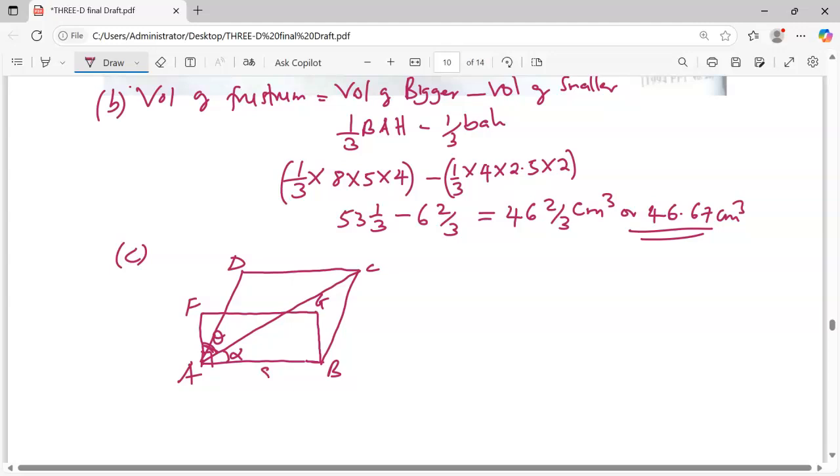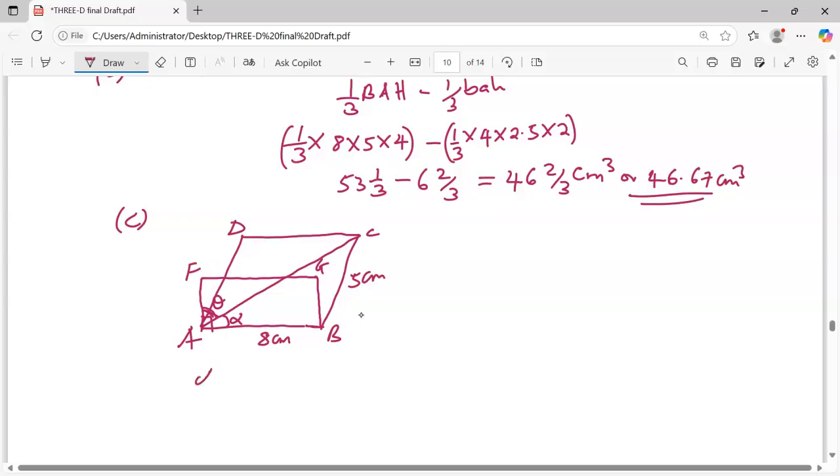Remember, we have AB as 8 centimeters and BC as 5 centimeters, and therefore to get the angle alpha, we are going to use the opposite side and the adjacent. That means we are going to use the tangent of an angle, where tan alpha is equal to the opposite side, 5, over the adjacent, which is 8.